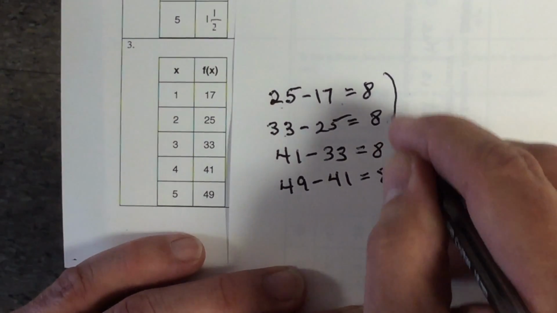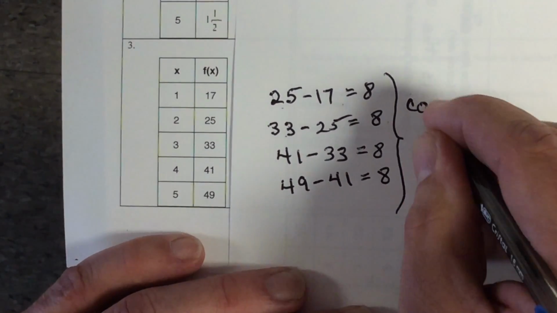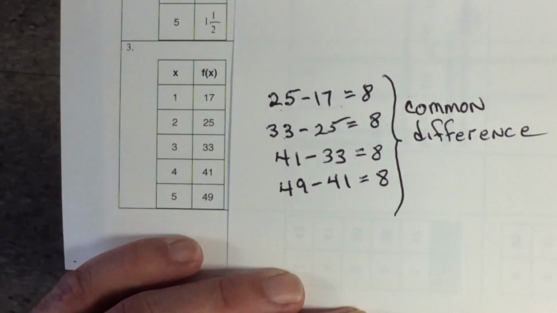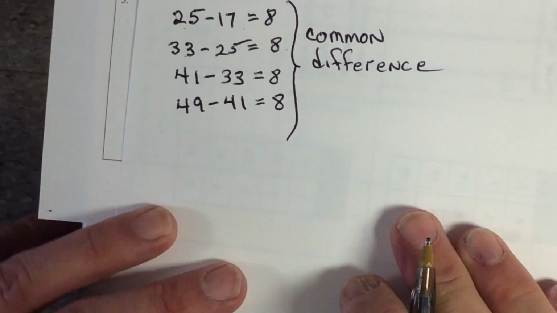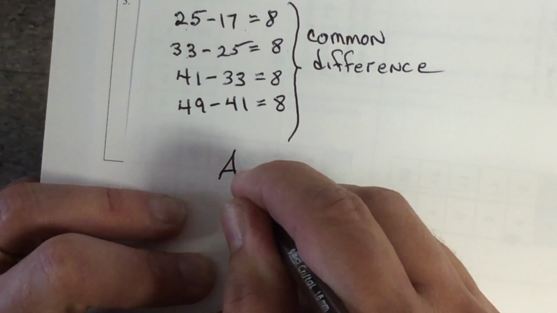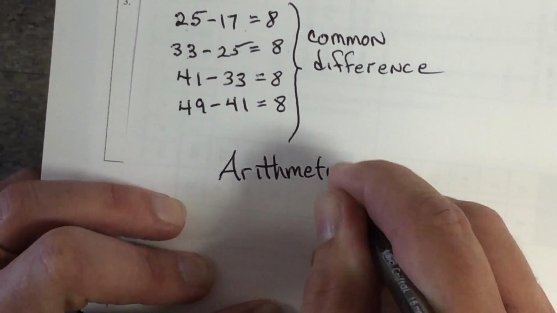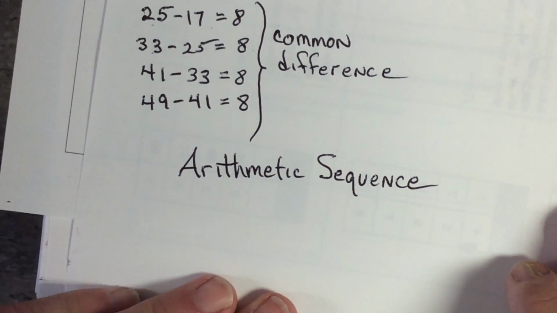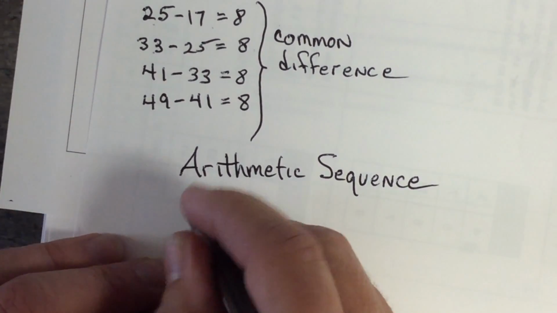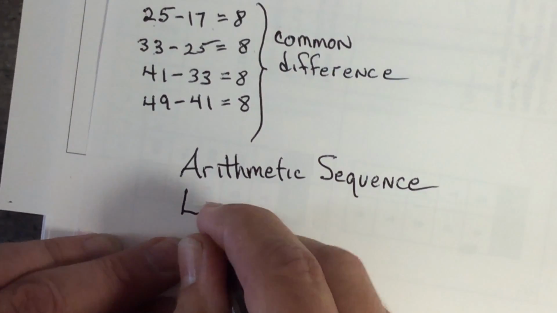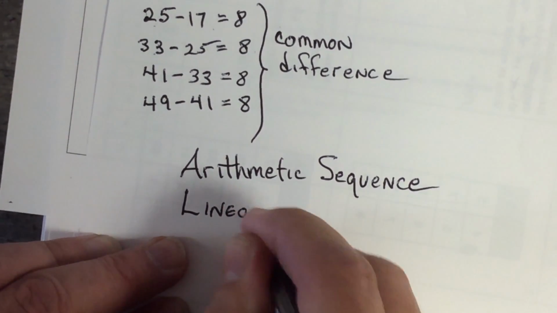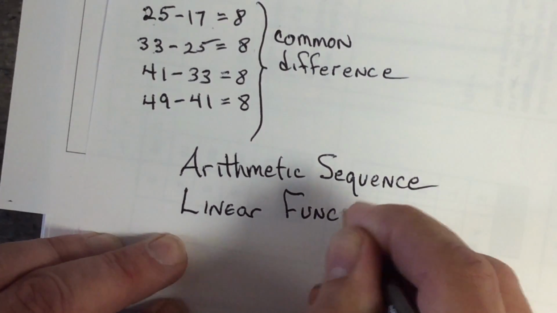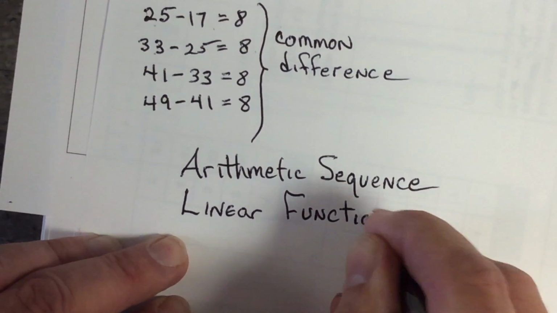If these are all the same, they are called a common difference. They all have the same difference in common. If you have a sequence with a common difference, it is called an arithmetic sequence. And an arithmetic sequence represents a linear function. Going back to the stuff you've learned before, this is how all of this ties in.